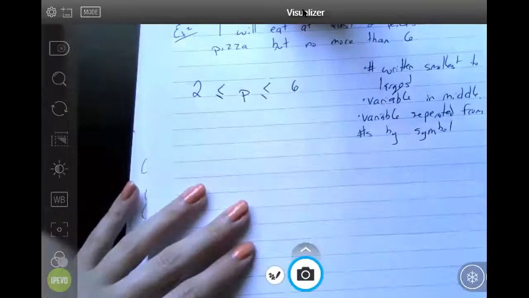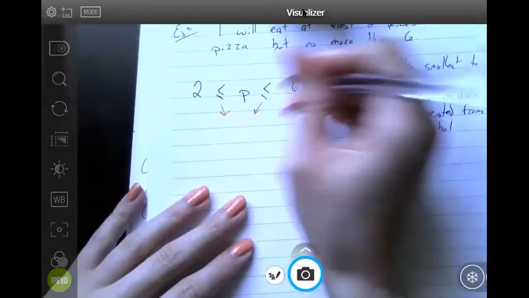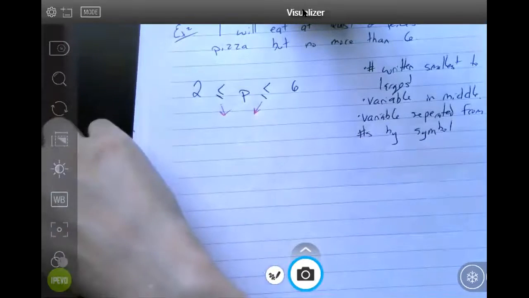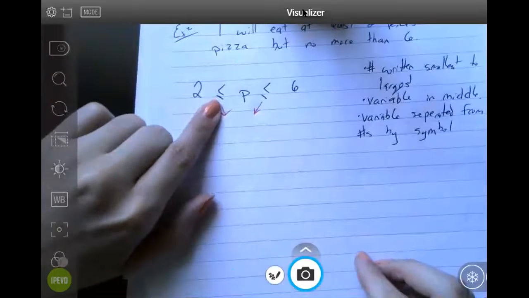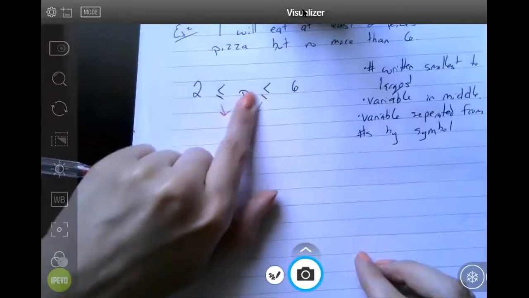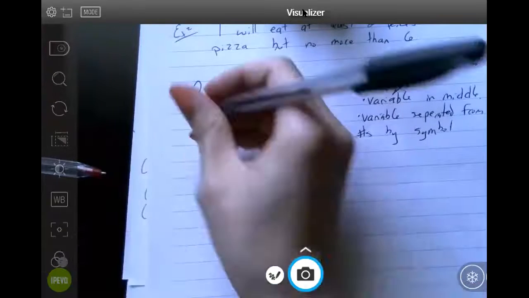Another handy rule to notice is that these two symbols don't have to be the exact same, but they do have to be facing the same direction. So this could be a greater than or equal to, and this could be just a greater than sign or whatever. But they do have to be facing the same direction as each other.